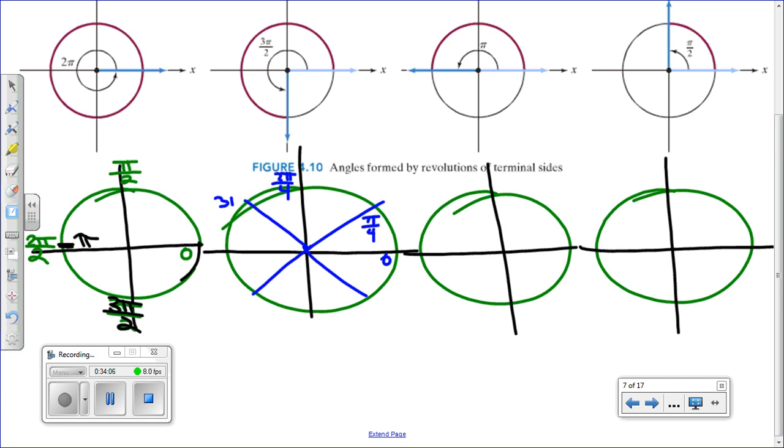So 3 pi over 4. And then 4 pi over 4, and then 5 pi over 4, and then 6 pi over 4, 7 pi over 4. So now I'm going to reduce.